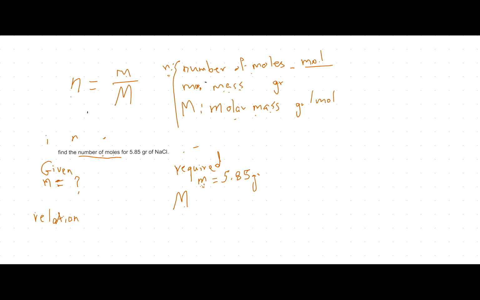Did you recognize something, that this is the given and this is the required? Safa, did you notice why it is in the required and not in the given? Okay.